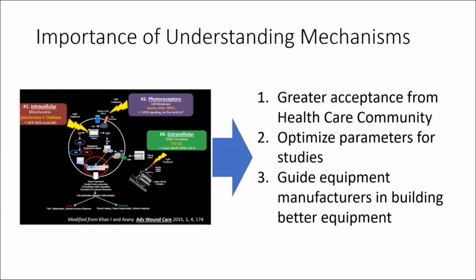One, to gain greater acceptance from the healthcare community at large. Two, so that we can optimize parameters for further studies. And three, to guide equipment manufacturers in building better equipment for laser therapy treatments.